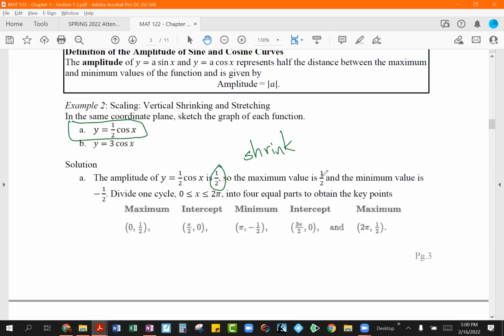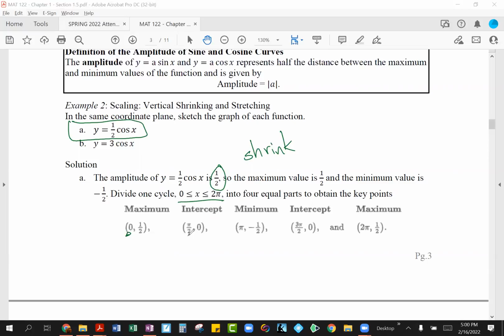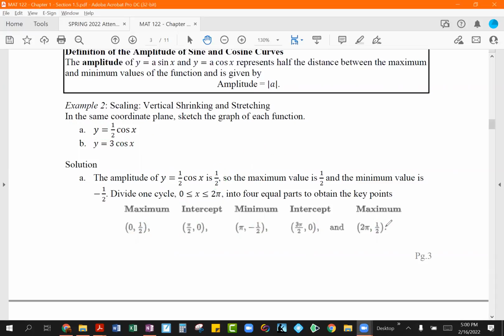Go from 0 to 2 pi, get your 5 key points, and then plug it back into this function, and you will see how my maximum and minimum values change. Intercepts are still going to be at 0, but your maximum and minimum values are going to change.